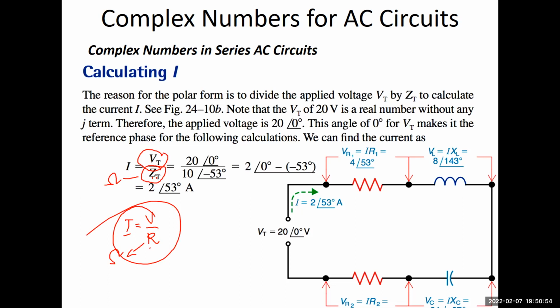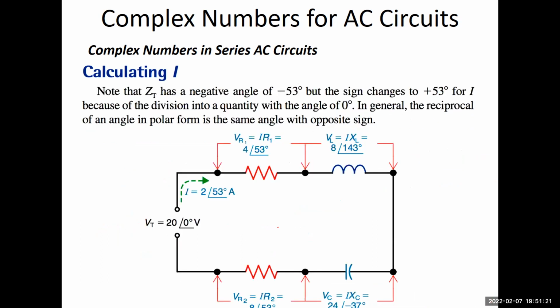So we have already determined the total impedance a while ago. And then binigyan tayo ng total voltage, that the total voltage is equal to a magnitude of 20 with a phase angle of 0.